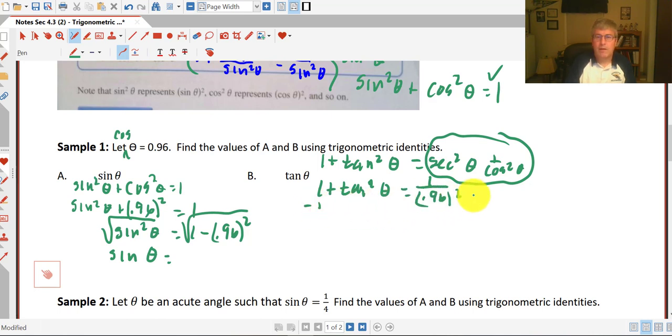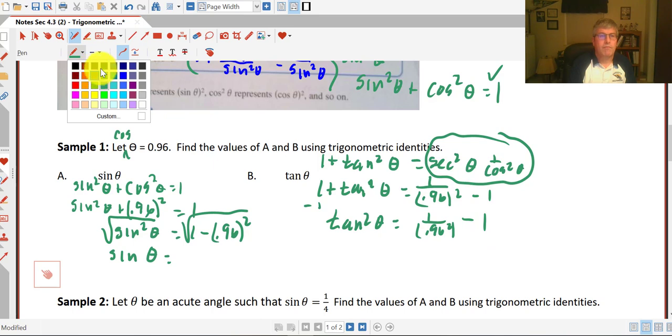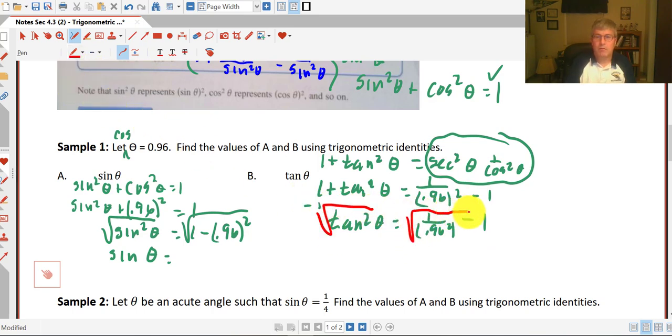Subtracting 1 from both sides, I get the tangent squared theta equals 1 over 0.96 squared minus 1. I want to find tangent, not tangent squared, so I have to take the square root of both sides. So the tangent of theta equals the square root of 1 over 0.96 squared minus 1.